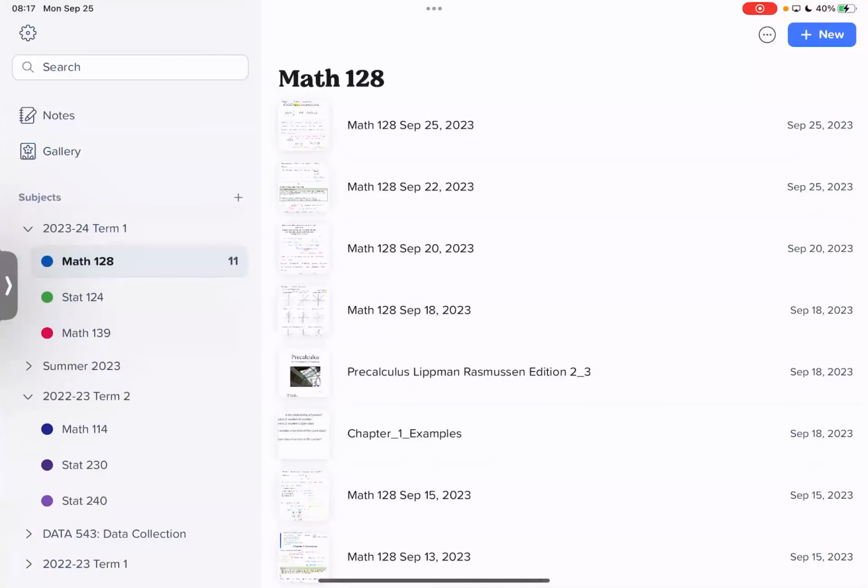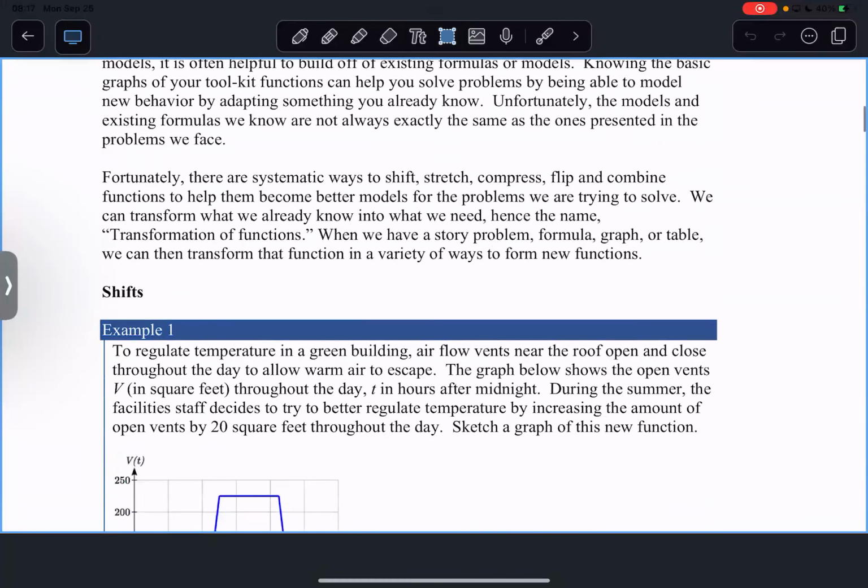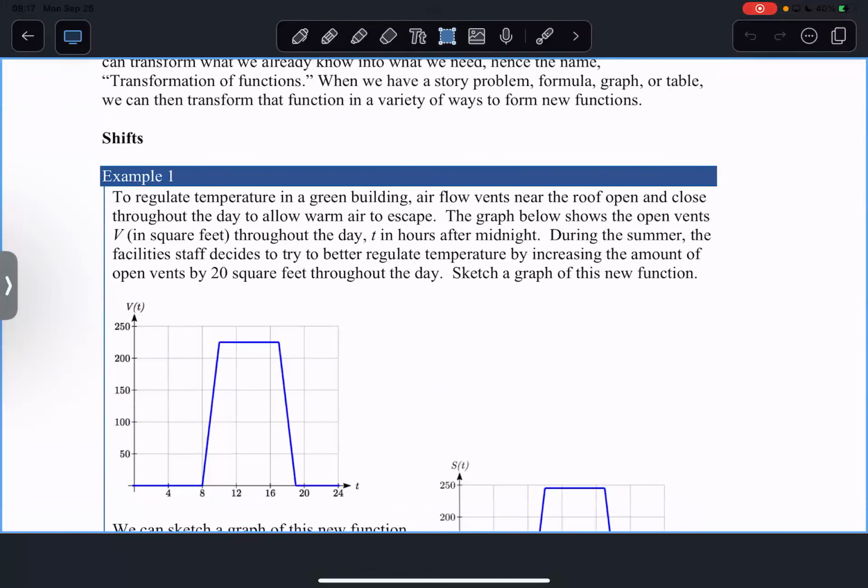So if it feels like I'm rushing through it, I kind of am, because in terms of testing this concept, I'm not going to. It is something we have to talk about. So here we go.